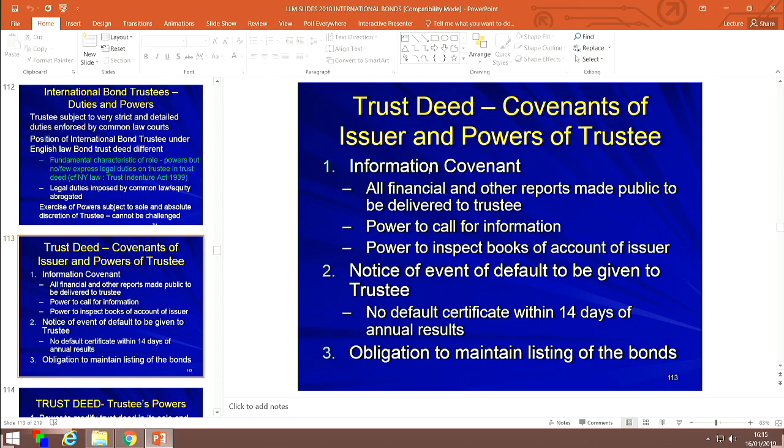There's also an obligation on the part of the issuer, owed to the trustee, to maintain the listing of the bonds on the stock exchange on which the bonds were listed. So those are the three core elements of the obligations owed by the issuer to the trustee. And most importantly, the information covenant.